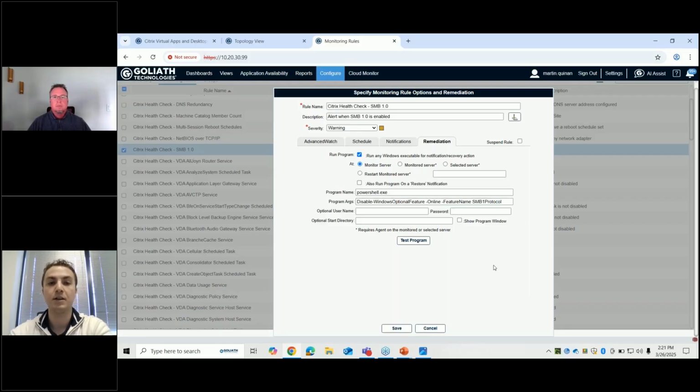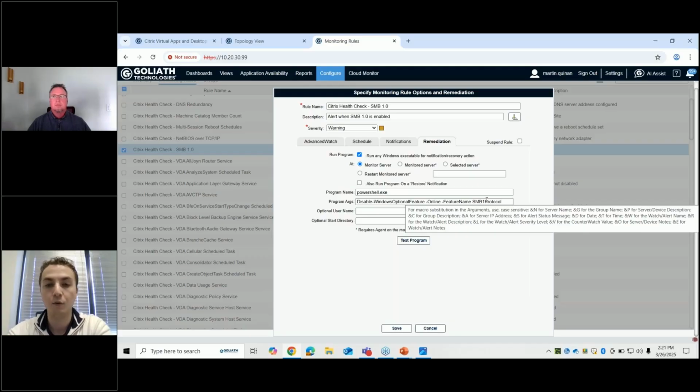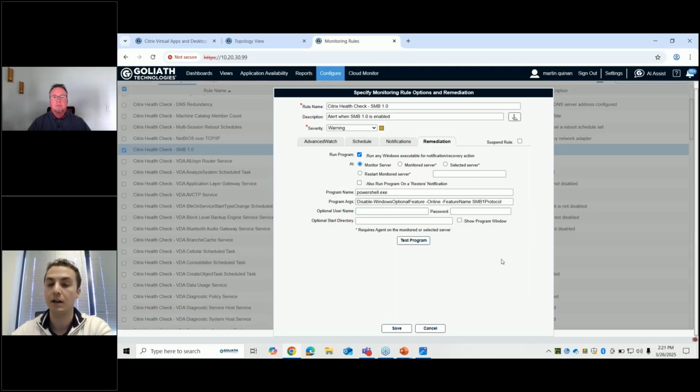Then every time Goliath checks, on a continuous basis, your Citrix environment, something old and deprecated with significant security vulnerabilities can be remediated, disabled, and remain out of the way of your standard operations, and of course, keep your security posture in the best possible state.